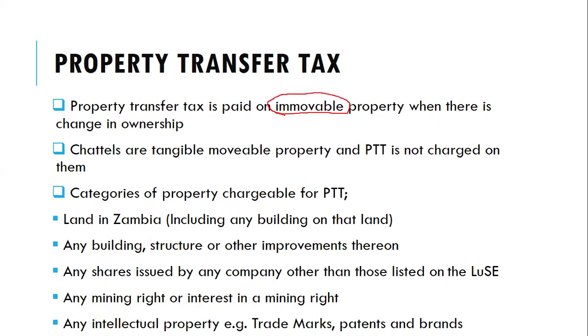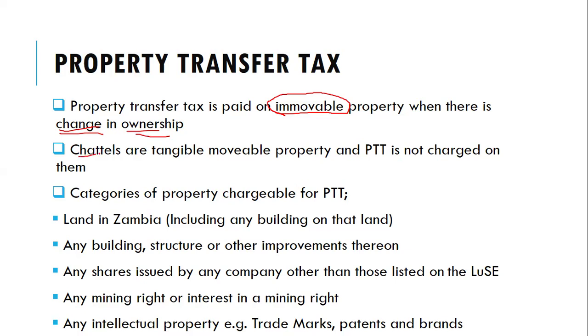So all those properties that are immovable, that cannot be moved from one point to another, this is where property transfer tax is charged when there is a change in ownership. So these are the keywords: immovable and change in ownership. So vehicles are tangible movable properties, and property transfer tax is not charged on them.